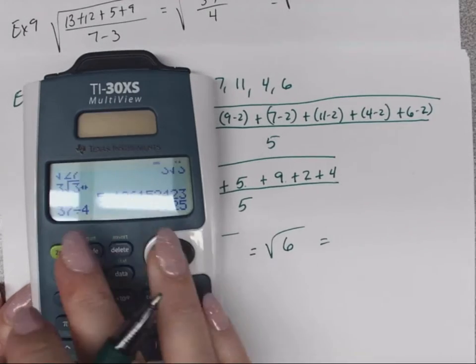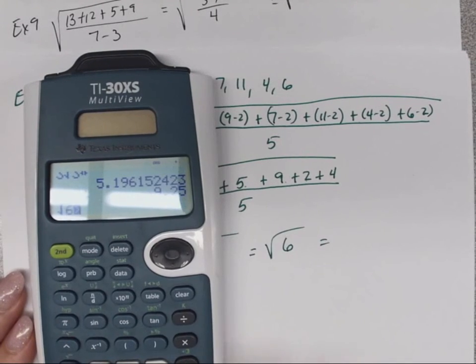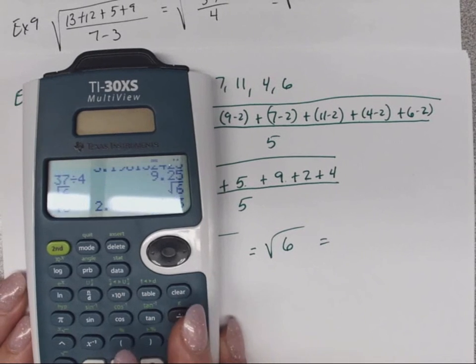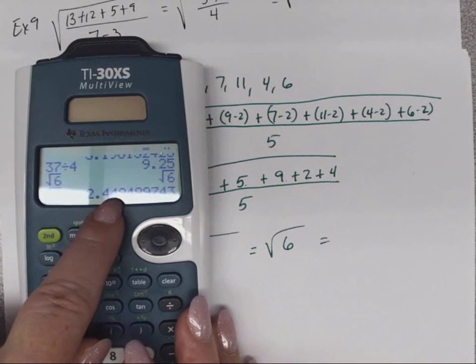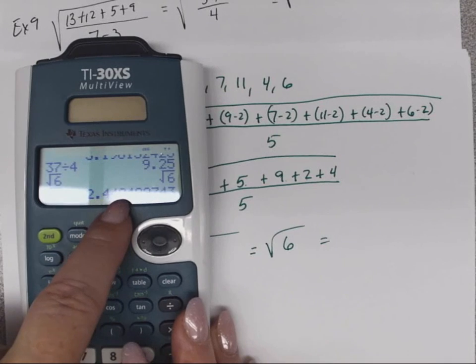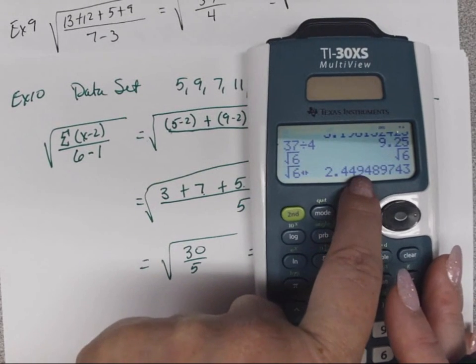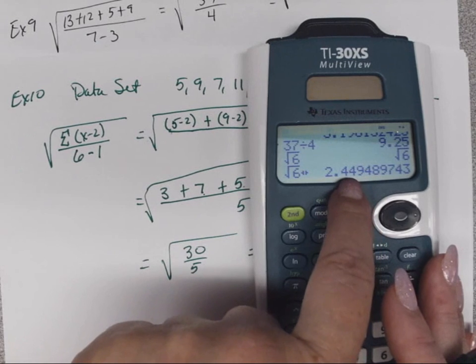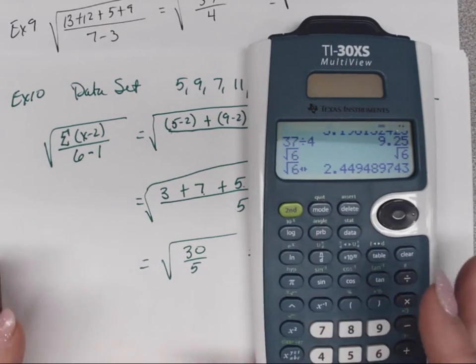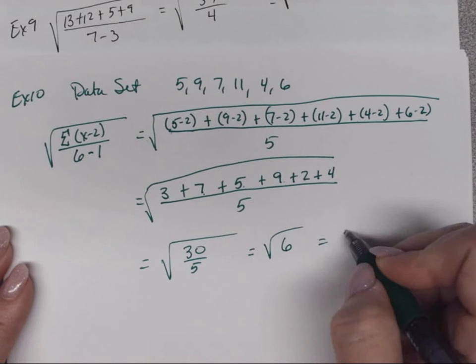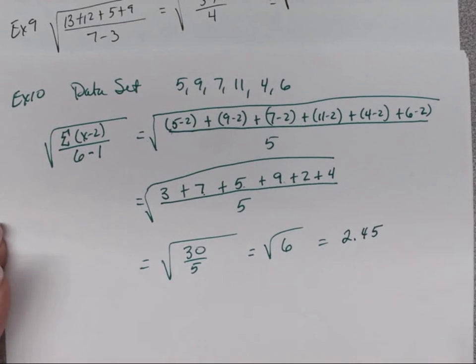And if we put in the square root of 6, we end up with 2.449. Well, that 9 tells me that my 4 will round up to a 5. So it will be 2.45.